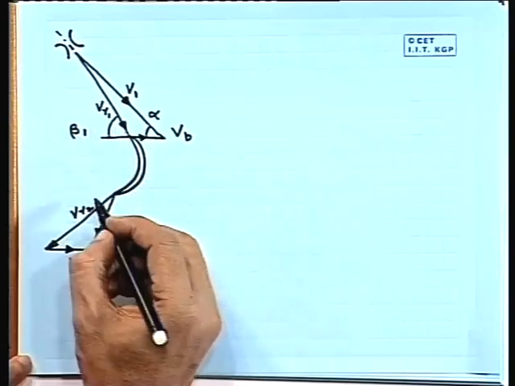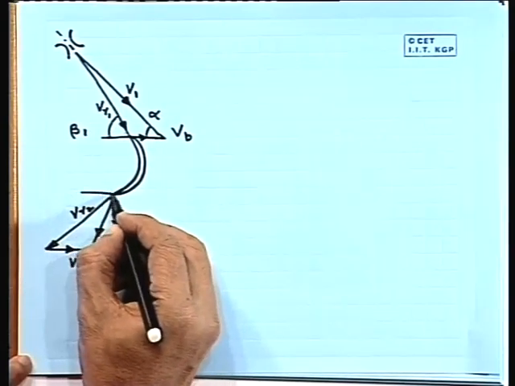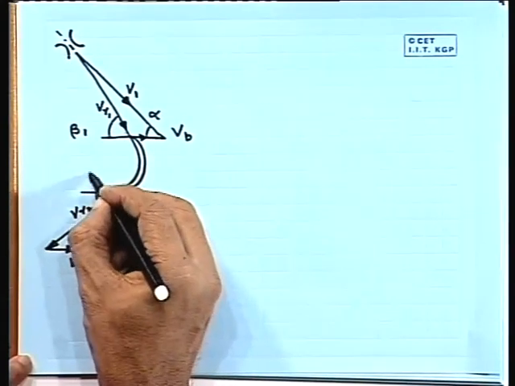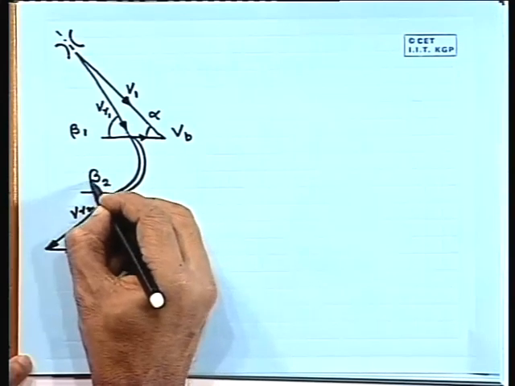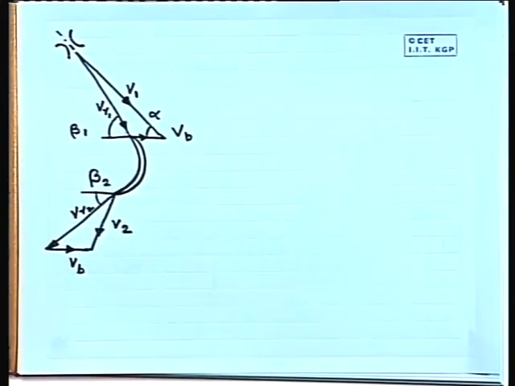So, this is beta 1 and this angle is beta 2. One is blade inlet angle and another is blade outlet angle. So, we have got another representation of different components of steam velocity when it enters the blade and when it goes out of the blade.